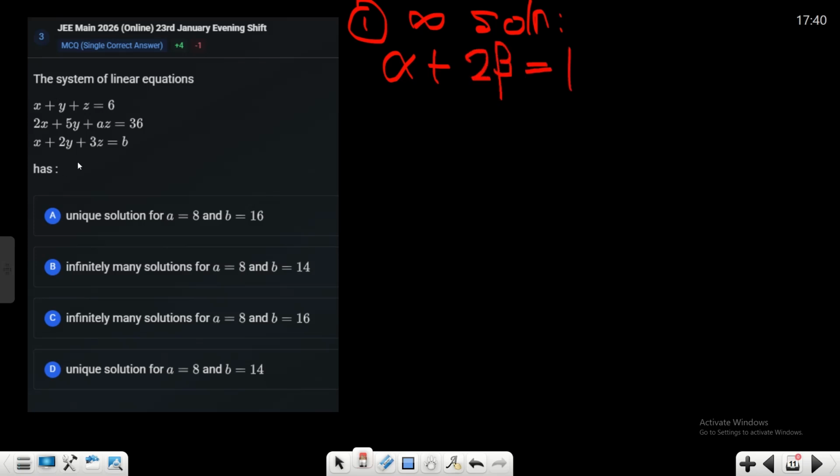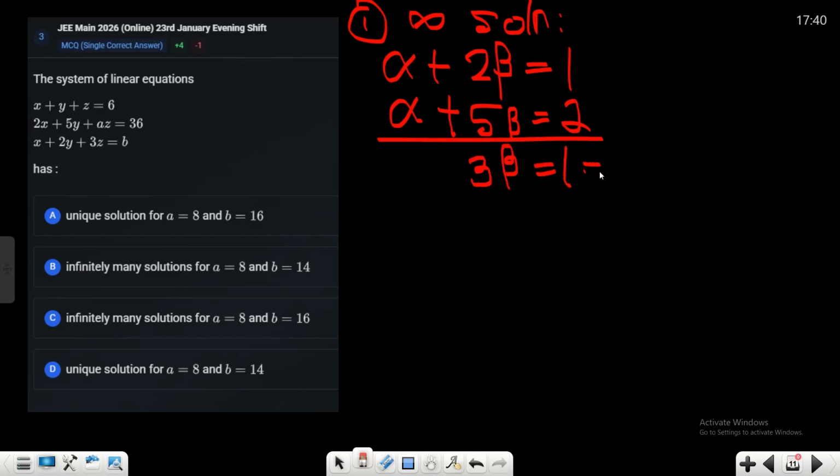And if you do the same for y, you will get alpha plus 5 beta is equal to 2. If you subtract, you will get 3 beta is equal to 1, which implies beta is equal to 1 by 3.